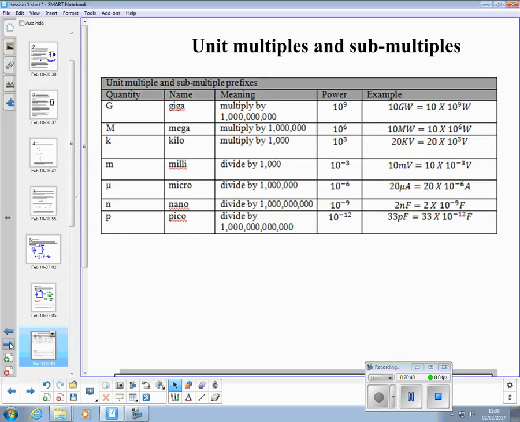Computer engineering, yes, but what you have to be careful with is when they talk about kilobytes, they use a capital K because it isn't 1,000. That's 1,024, 2 to the power 10. I can't remember exactly. But mega in computer terms isn't a million.